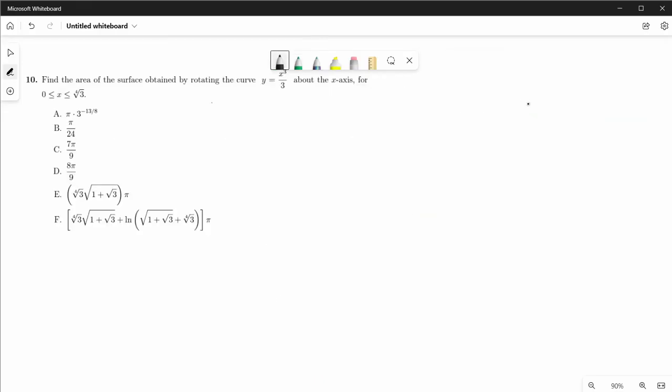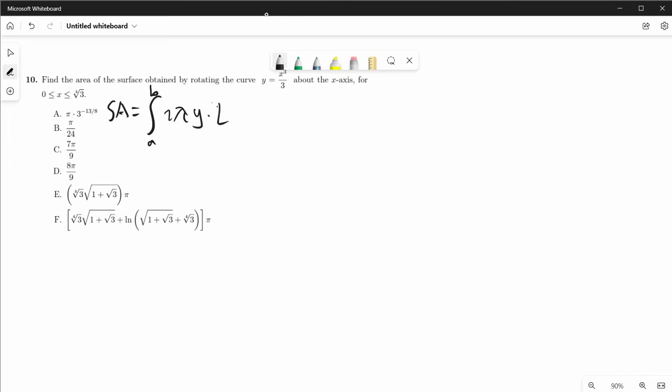So for number 10, we're given an equation and asked, if this equation is rotated around the x-axis, what the surface area is, right? So first of all, let's write down the surface area equation, which is the integral from, let's say, a to b. In this case, it will be 0 to the 4th root of 3, and 2 pi y. In this case, y would be x to the 3rd divided by 3, times the arc length, right?